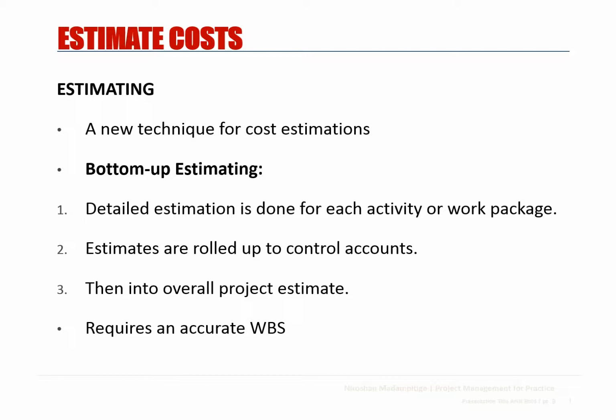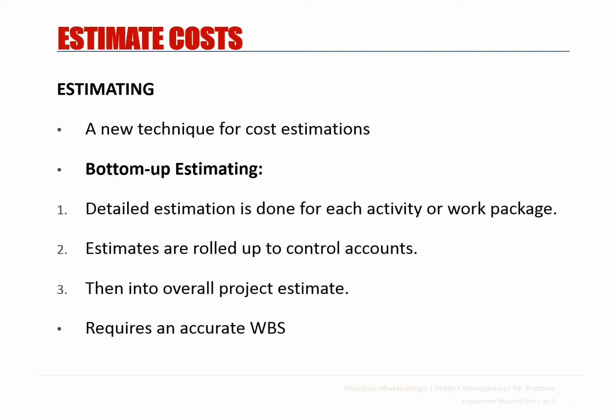First step of bottom-up estimating is that detailed estimation is done for each activity or work package. You define the cost of each activity, each work package in this step. How much each activity will cost for your project. Second, these estimates are rolled up to find the total cost of a control account.